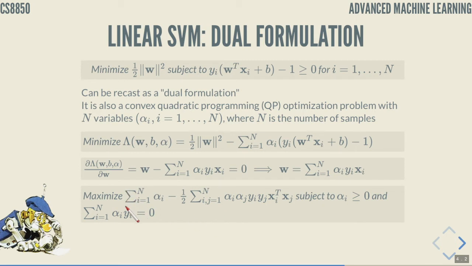To solve it, we need to minimize the following expression, and this is nothing but again a quadratic programming problem. You see the square right here, but it will become much clearer in the matrix form.